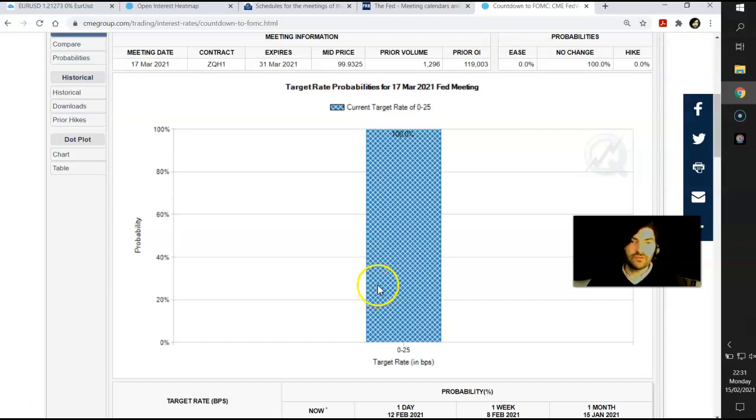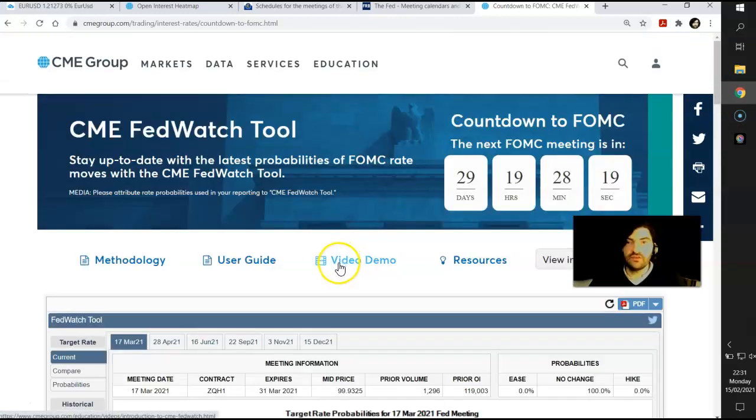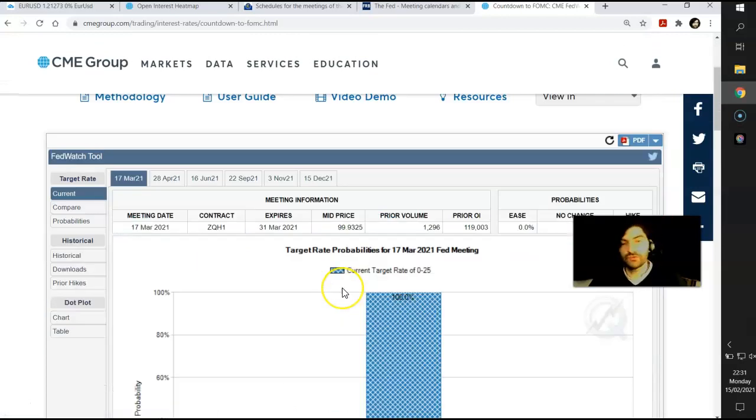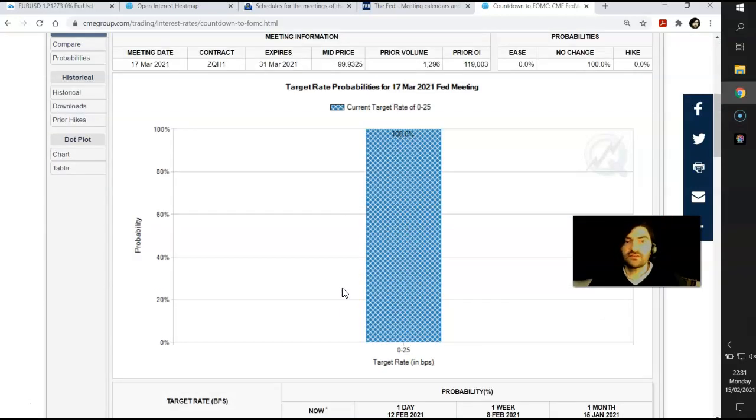From the Fed point of view, there is the CME FedWatch Tool, which looks at expectations and probability of rate changes in the upcoming Fed meeting. And you can see 17th of March, there's a 100% chance of the current target rate remaining the same, no change.